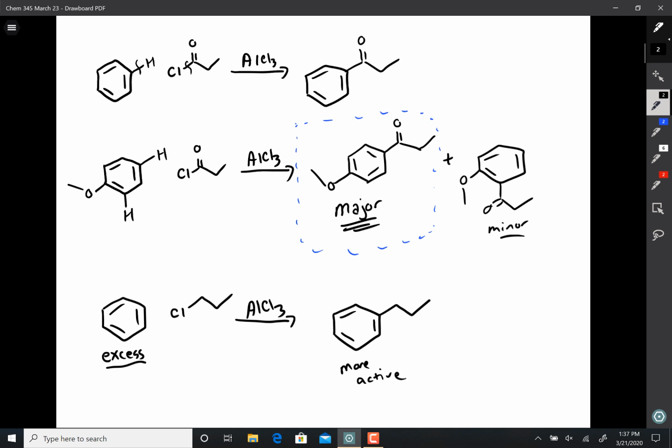Now with that said, you also have to be cautious with Friedel-Crafts alkylation, because not only do you have to worry about multiple additions, you also have to worry about carbocation rearrangements.